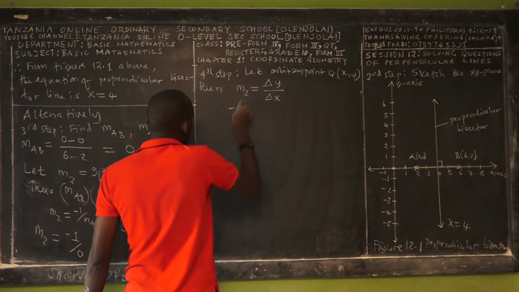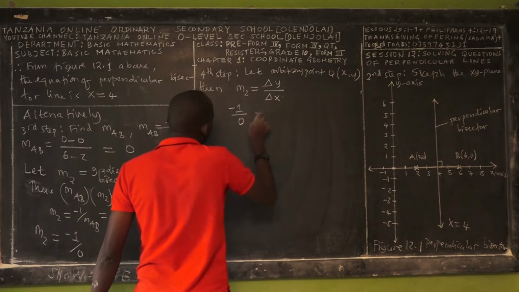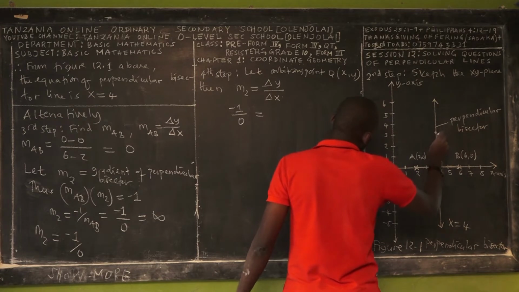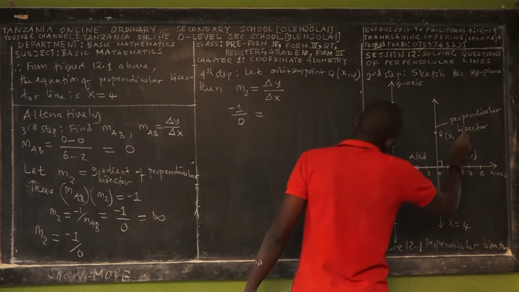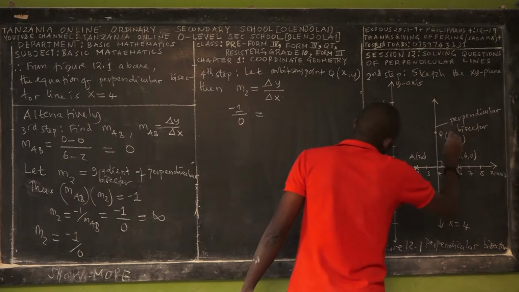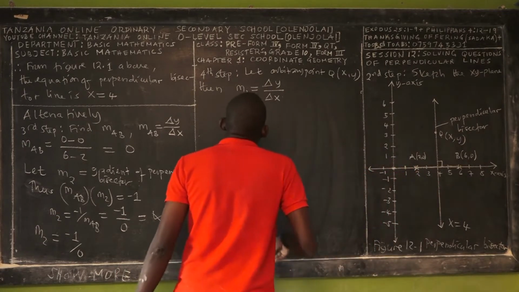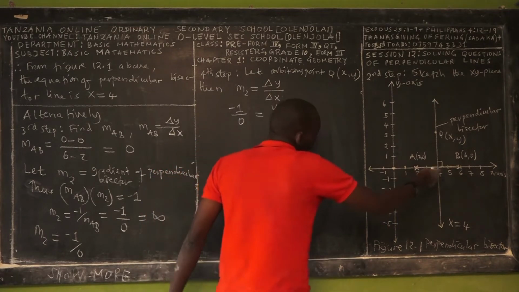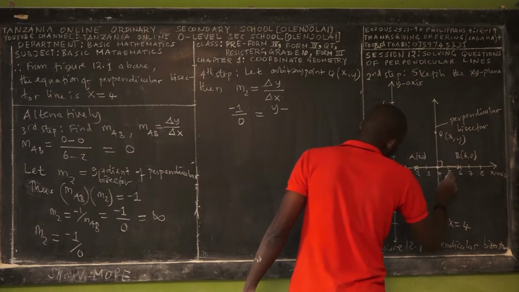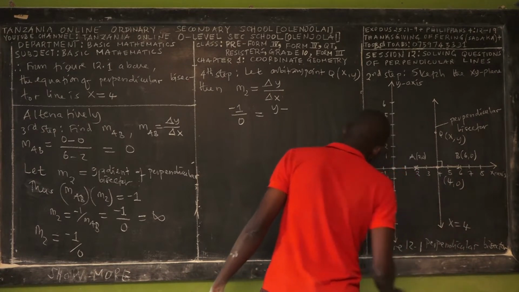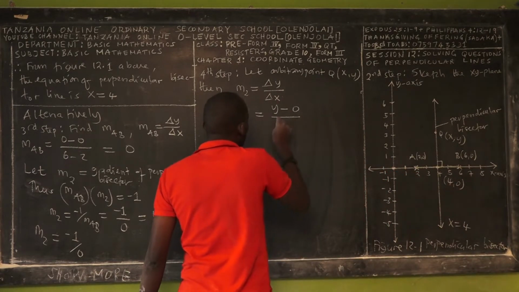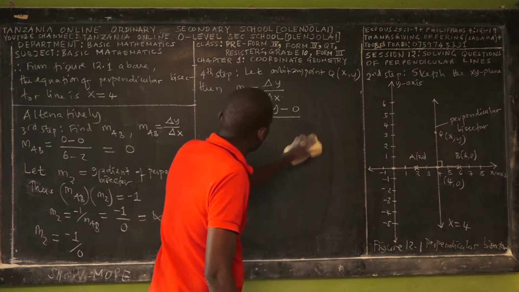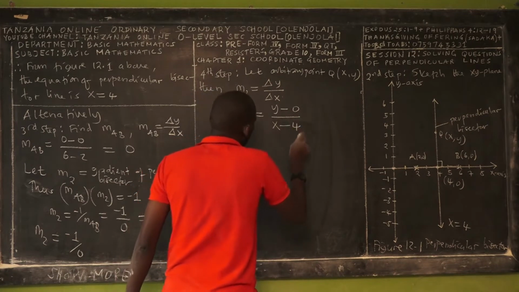So slope m2, which is negative 1 over 0, is equal to the change in y. In the arbitrary point, let's say this is point Q, which is x comma y. So here we have y minus what? What are the coordinates at this foot of the perpendicular? The x coordinate is 4, 0. So y minus 0 over x minus 4.